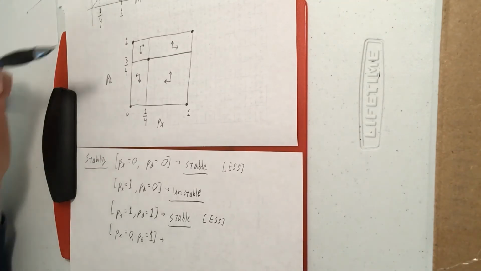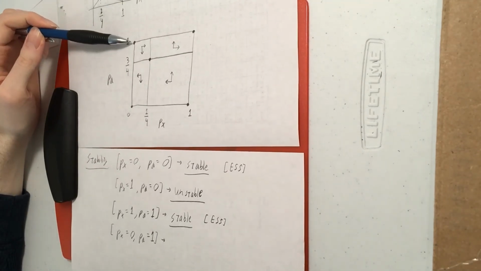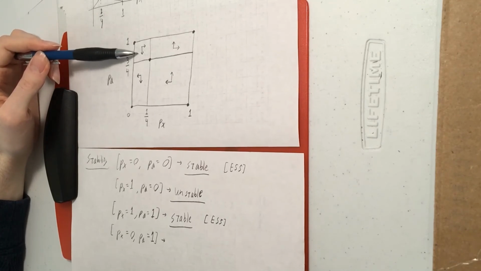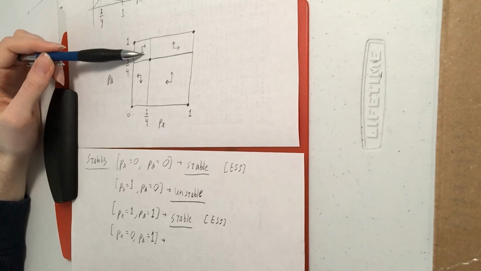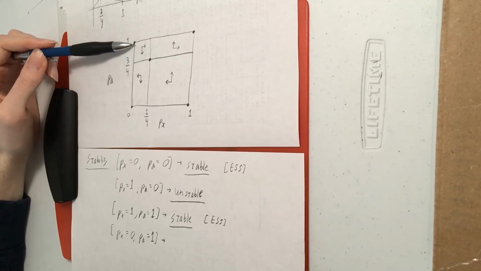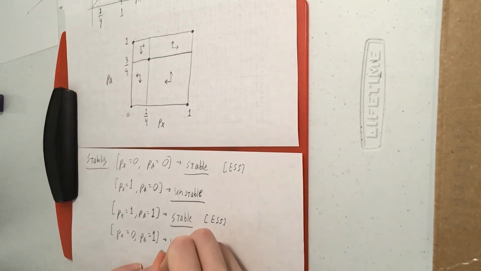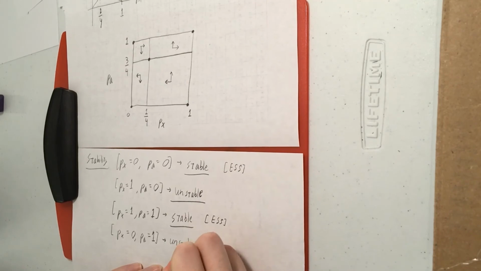So if I start from that equilibrium and I move out a little bit, what happens? My arrows are going to push me down and to the right, so that's going to push me further and further away. So if I start here and move a little bit, I don't come back. That's going to be unstable.